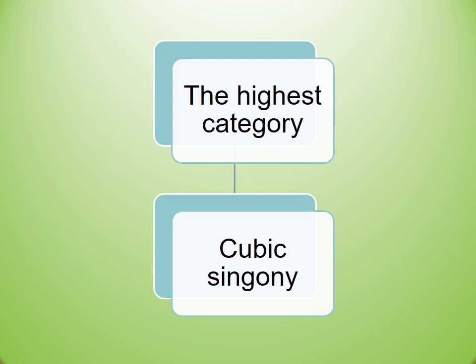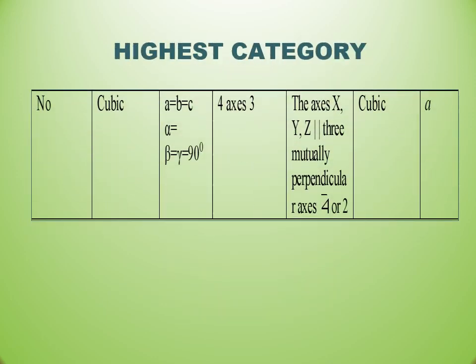In the highest category, there is only one crystal syngony, cubic. It is the only syngony that corresponds to the Cartesian coordinate system. A is the same as B, is the same as C, alpha equals beta equals gamma equals 90 degrees.